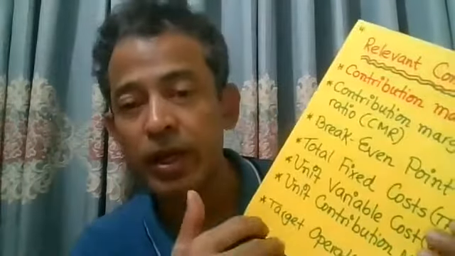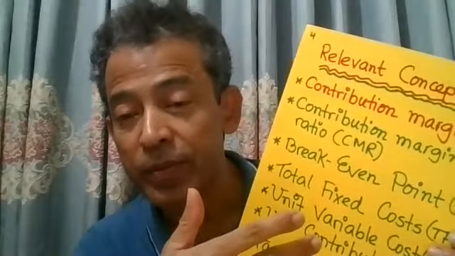So if you want to compare it with financial accounting, the operating income that we have here is the same as the operating income we call in financial accounting. In financial accounting, operating profit is sales minus cost of goods sold minus operating expenses, and those operating expenses are administrative expenses and selling expenses. So we cover those under our fixed costs here.